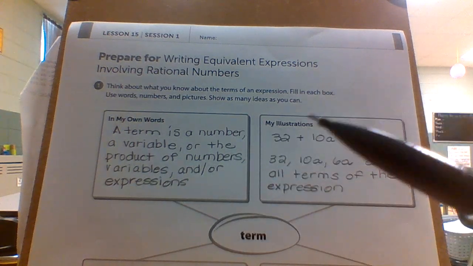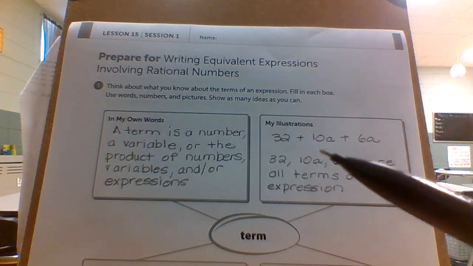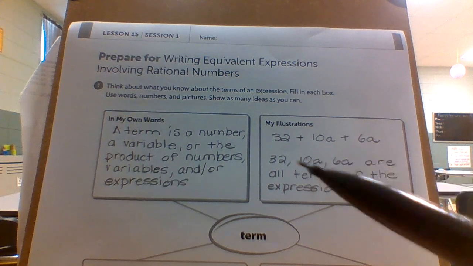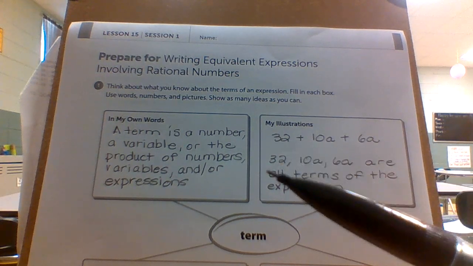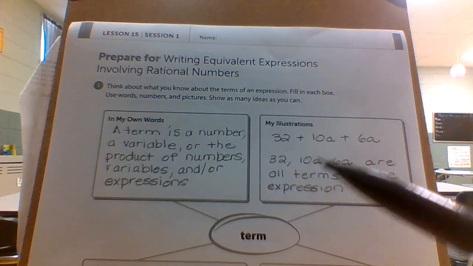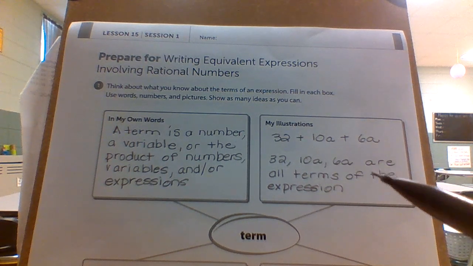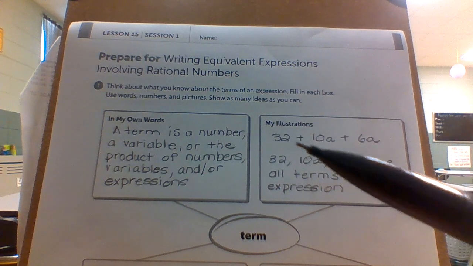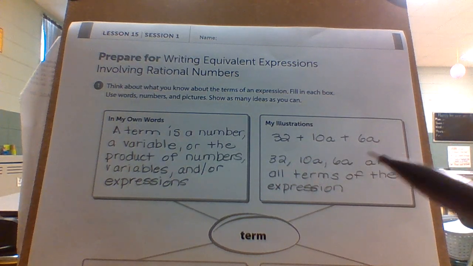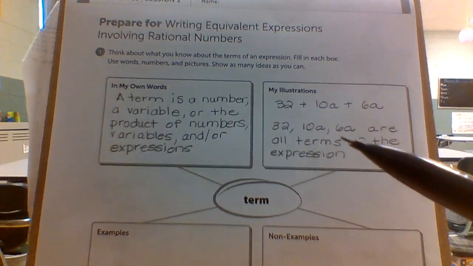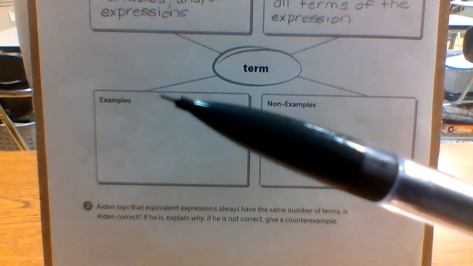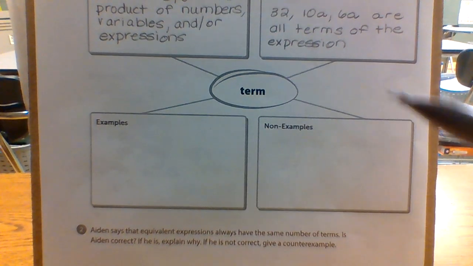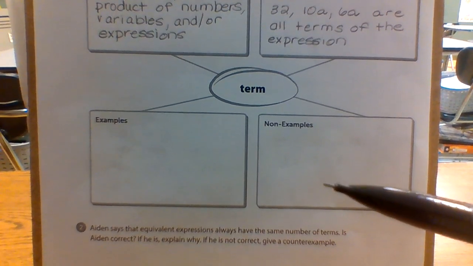Okay, an illustration here. We've got 32 plus 10a plus 6a. Well, you have 32, you have 10a, and you have 6a. Those are all terms of the expression that is written here. I would like for you to fill in the examples and the non-examples.